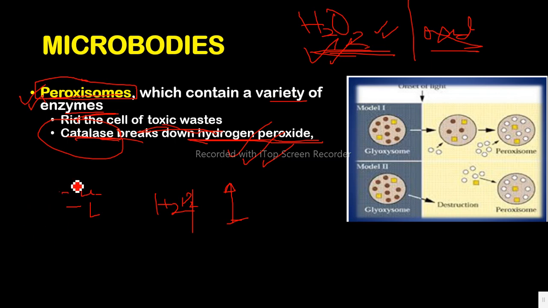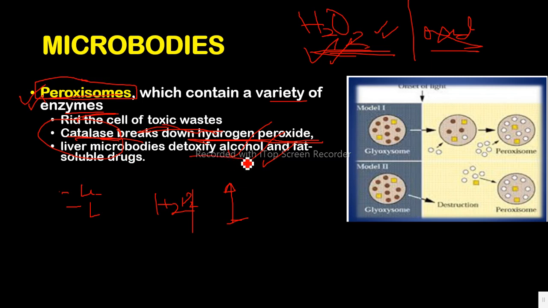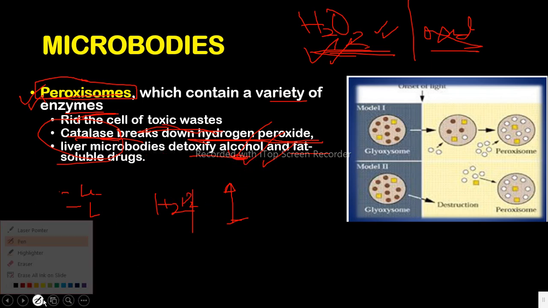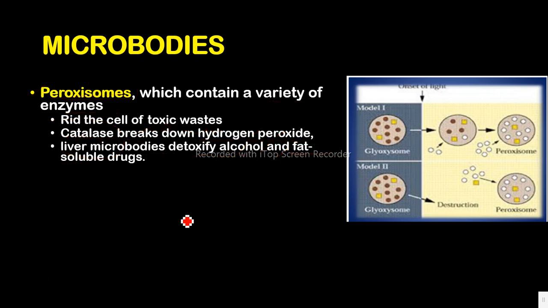And they are stored within these microbodies. Liver microbodies detoxify alcohol and fat-soluble drugs. Like I told you, ethanol does not, and I repeat, does not have any nutritional value to your body.